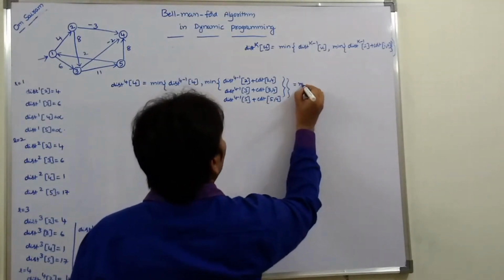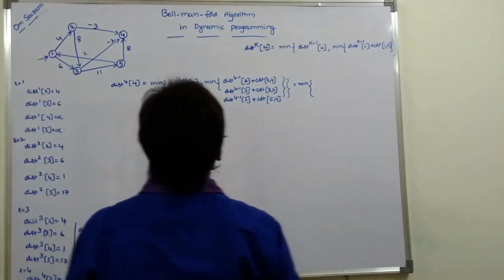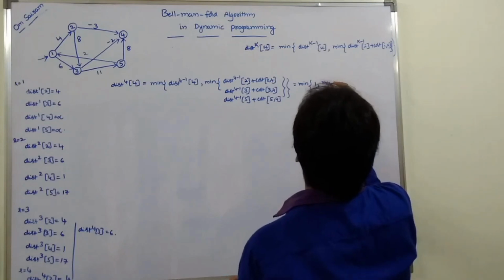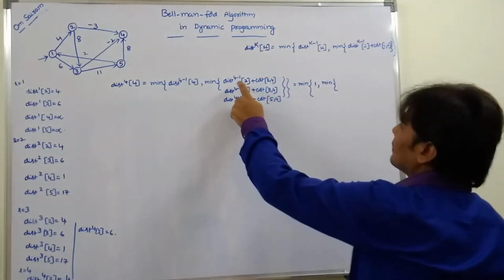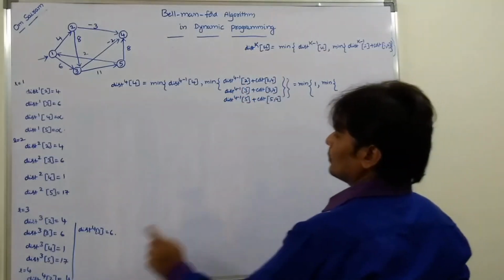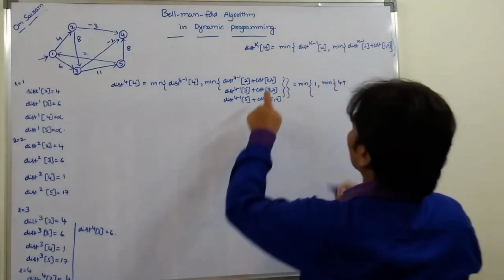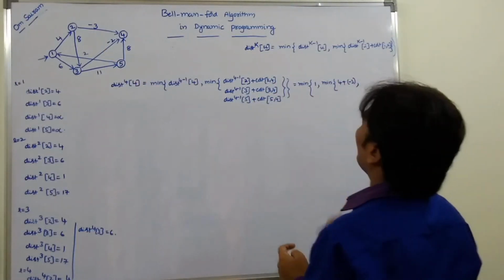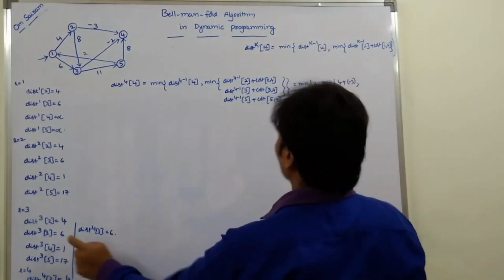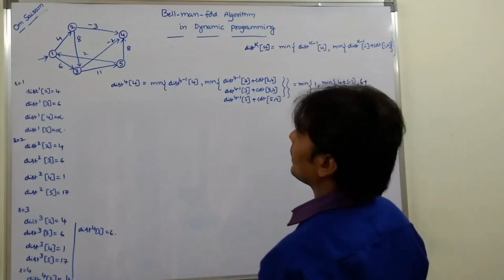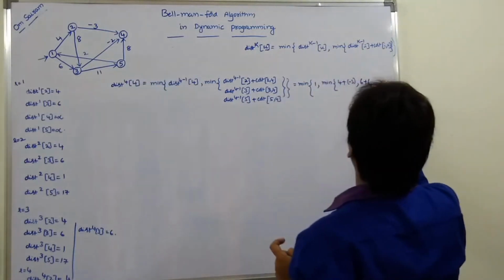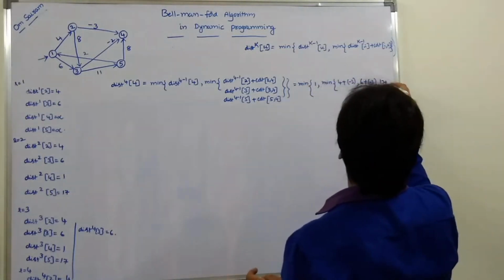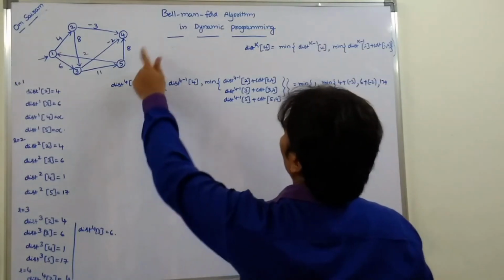So that is equal to the minimum of DIST 3 of 4, which is 1, comma, the minimum of DIST 3 of 2, which is 4, plus cost of 2 comma 4, which is minus 3, comma DIST 3 of 3, which is 6, plus cost of 3 comma 4, which is minus 2, comma DIST 3 of 5, which is 17, plus cost of 5 comma 4, which is 8.